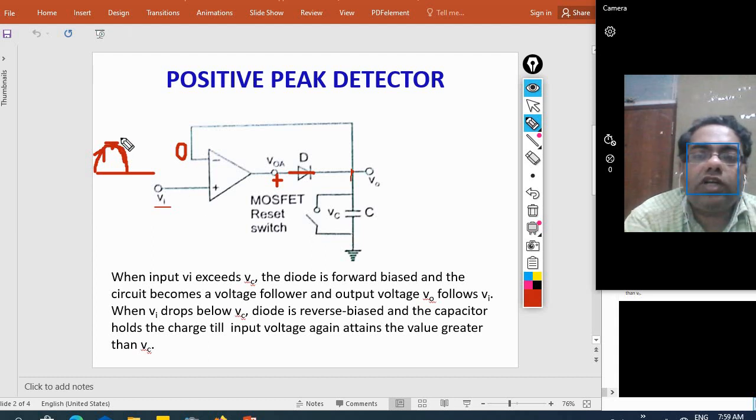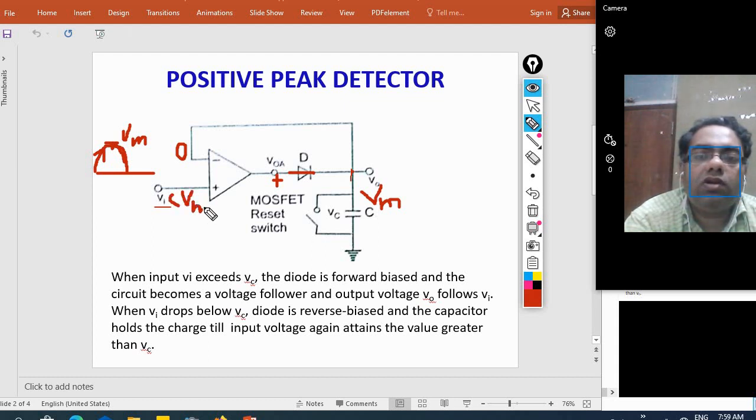So the input voltage may be coming down from maximum to lower, but the voltage on the capacitor is still maximum. Suppose it is Vm, so the voltage here is still Vm because the capacitor is holding the charge, but the input has become less than Vm.